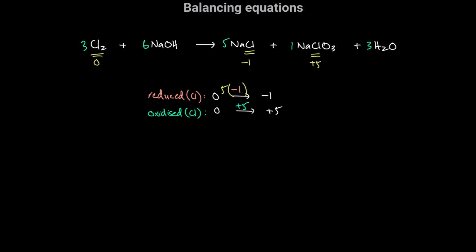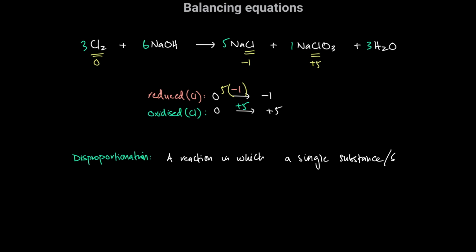So this type of reaction is known as disproportionation. A disproportionation reaction is a reaction in which a single substance or species undergoes both oxidation and reduction.